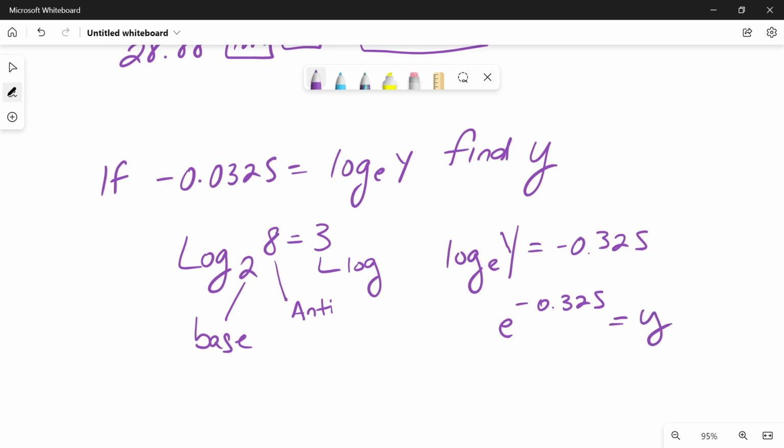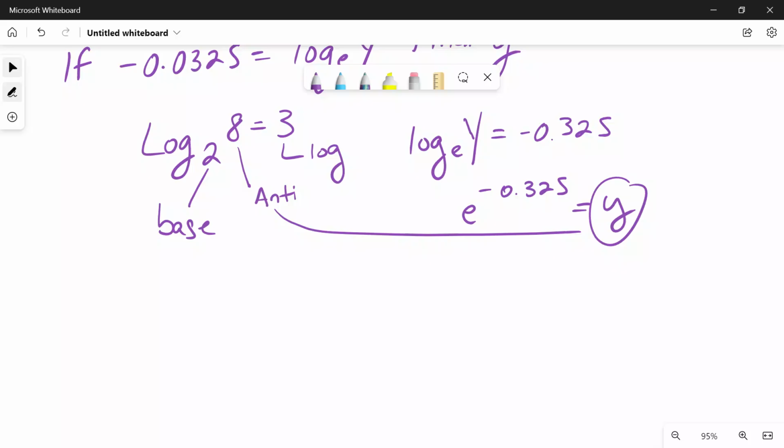I'm looking to find the antilog. So I can key in negative 0.0325. I think I lost a 0 over here. There should be an extra 0 there.